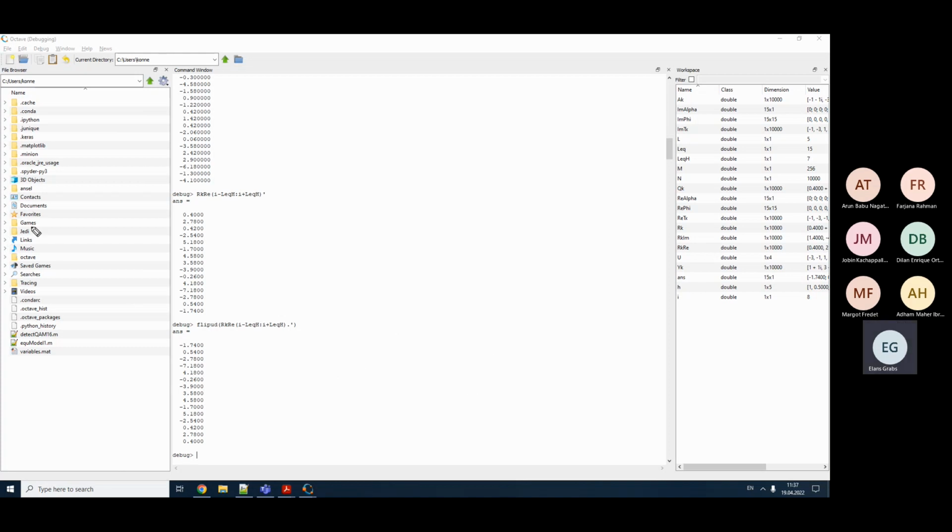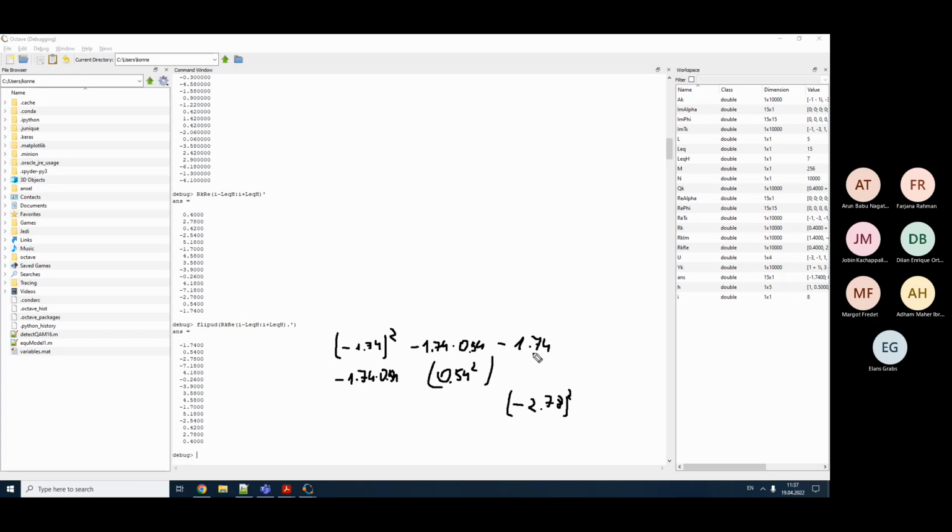So basically, the autocorrelation matrix is quite simple. Yes, the diagonal will contain squared values, and any other entry accordingly is going to be, for example, minus 1.74 multiplied with the third value, minus 2.78.